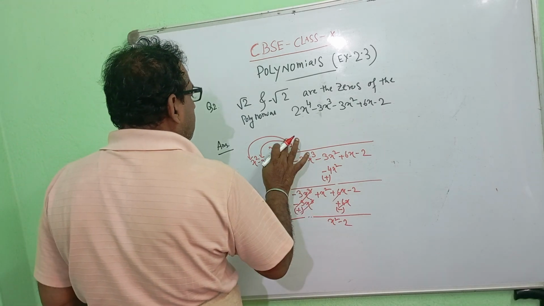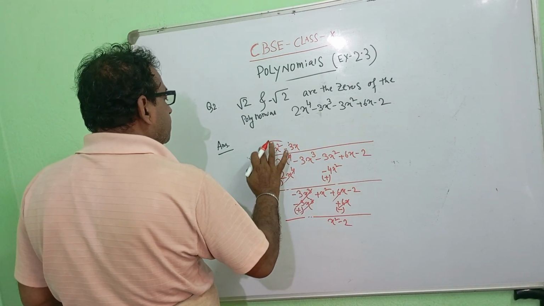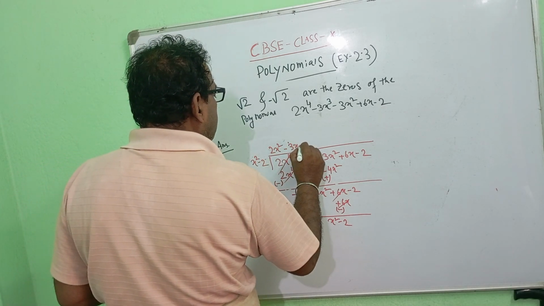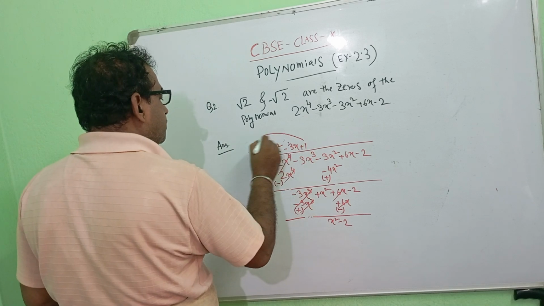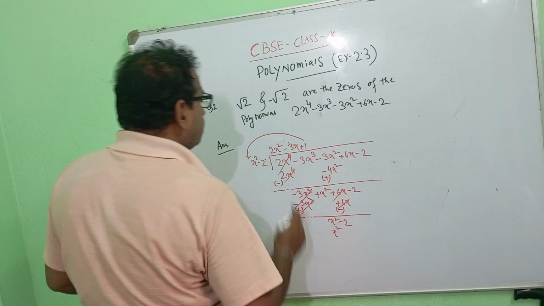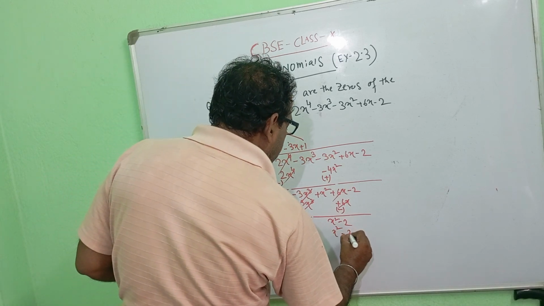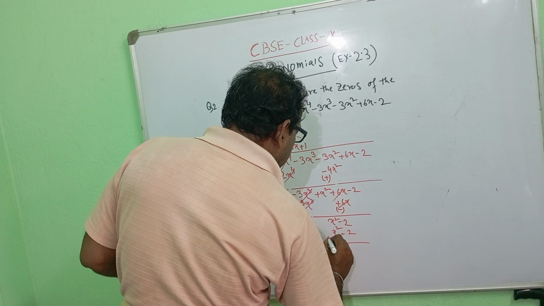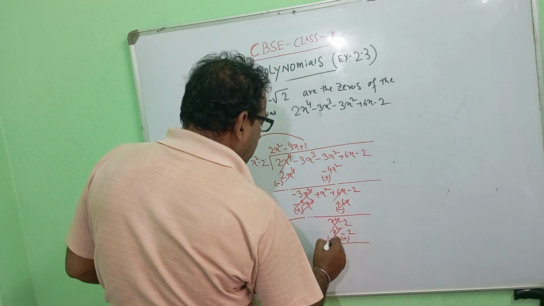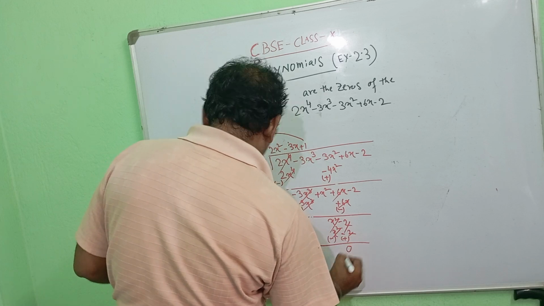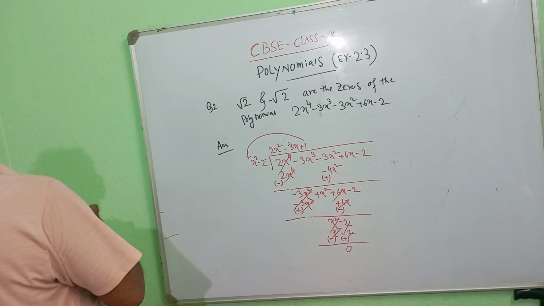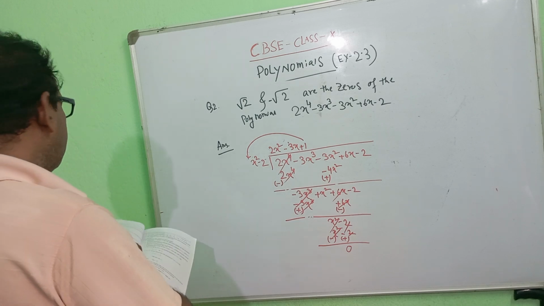Now these things are there. Now this is plus 1. 1 into x square is x square. 1 into minus 2 is minus 2. This is minus. This is plus. That is 0.